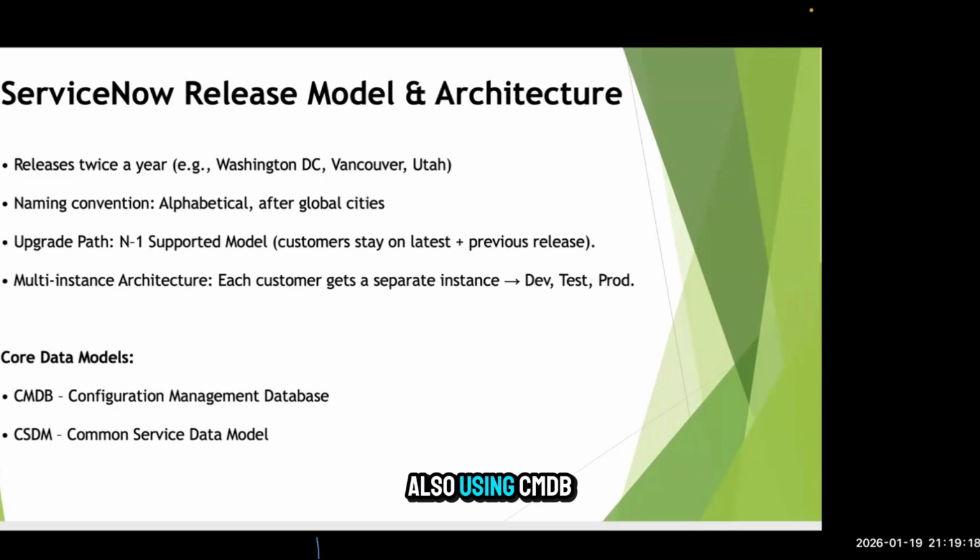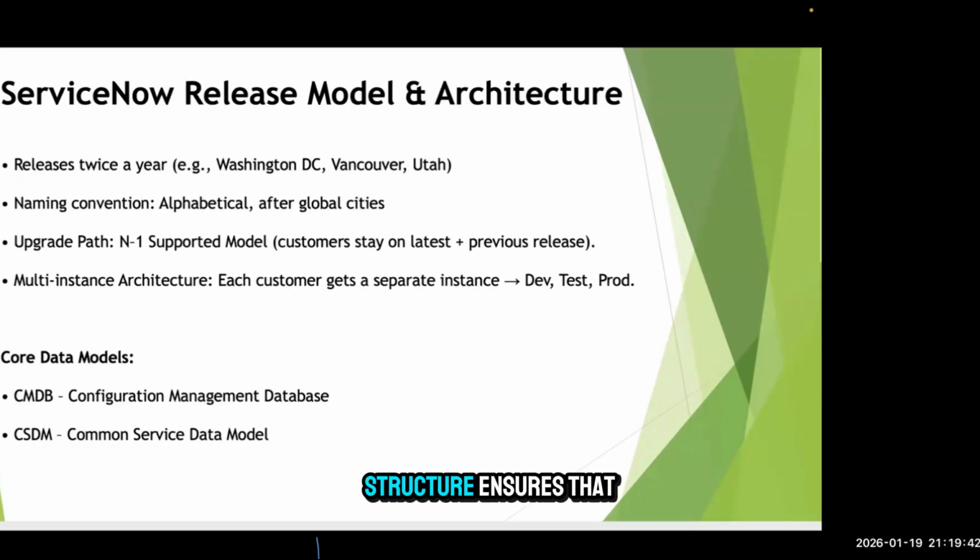Because they are also using CMDB. So CMDB just helps you understand, okay, if you own 500 different servers or databases, which one actually cracked or got interrupted. So it points out the faulty one, and it helps you restore the service as quickly as possible. So this is how CMDB and CSDM help you, right?